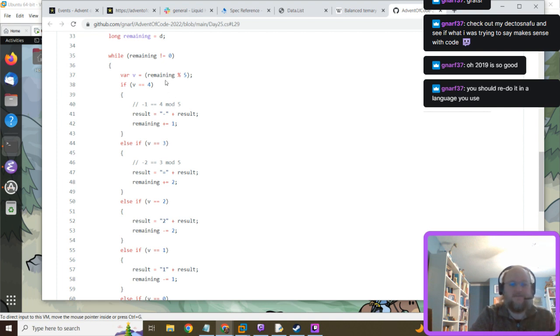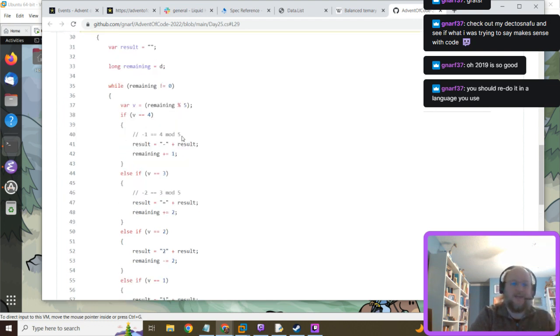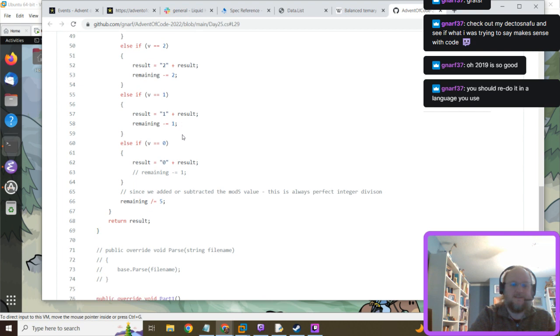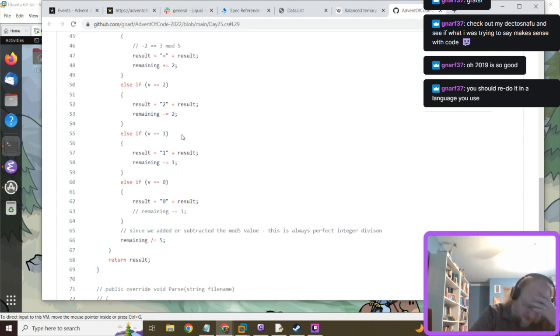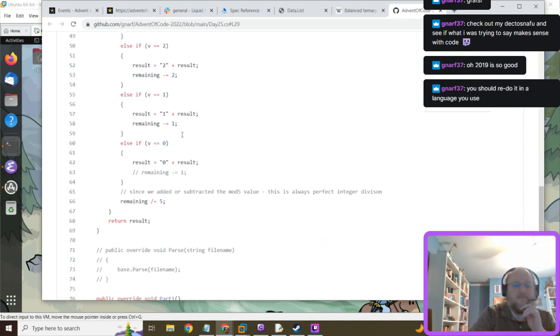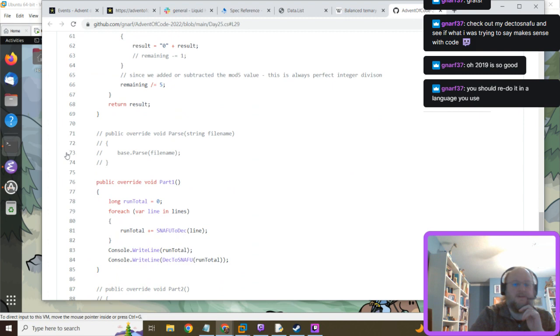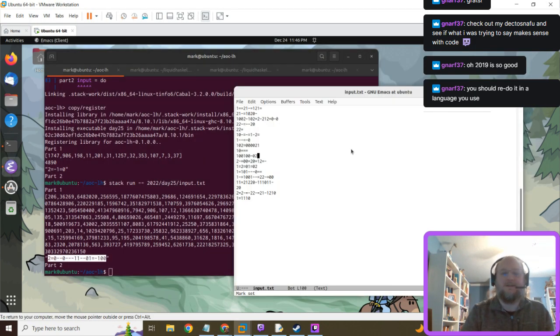We subtract 5, we get -1, we put in the digit for -1. There's 3, still too big, we subtract 5, we get -2, we use that as the digit. We add those back in. We carry them to the next place.